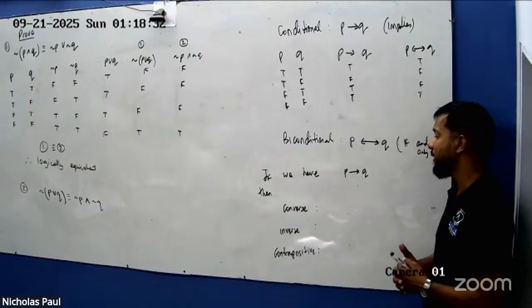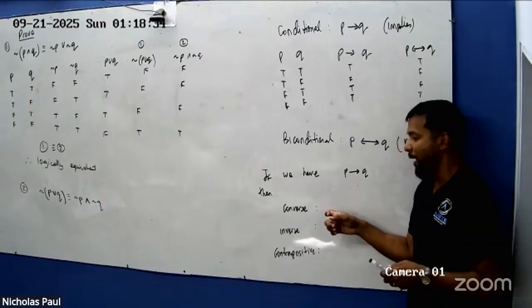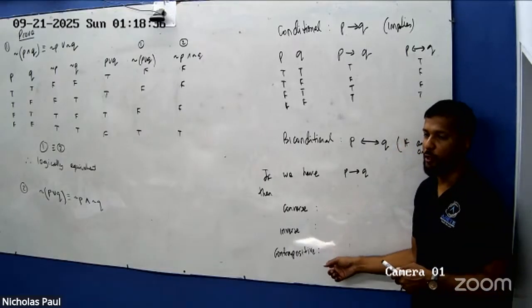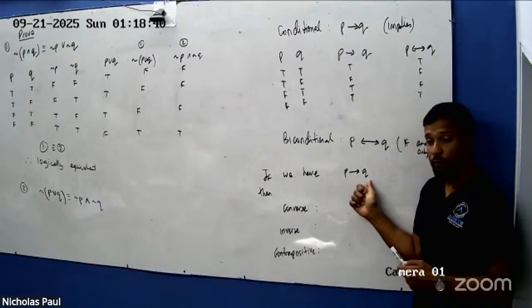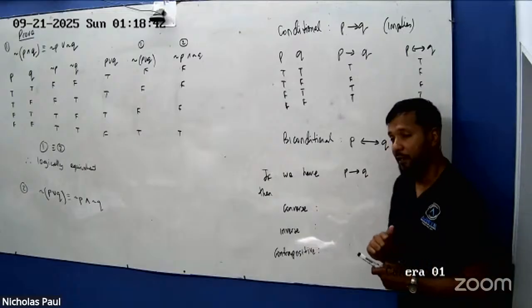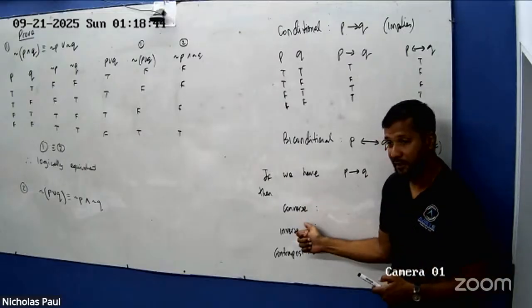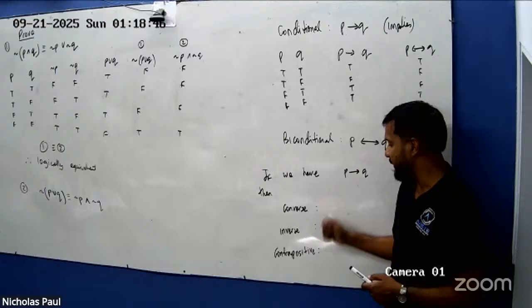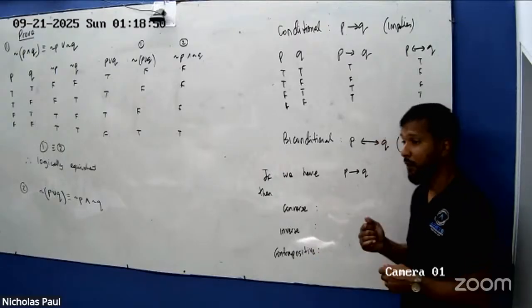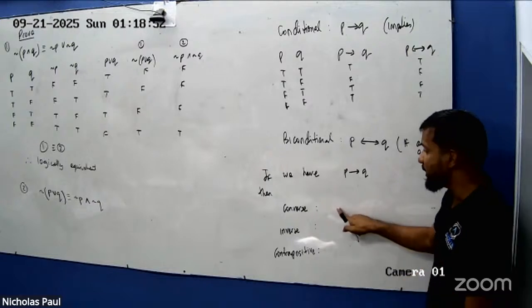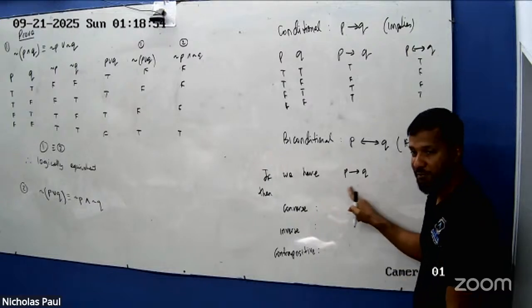Are you ready? Right, so we have three more terms to understand. If I give you P implies Q, you need to understand what's the converse of that, what's the inverse of that, and what's the contrapositive of this statement here. Real simple. Converse is just pushing these two around.